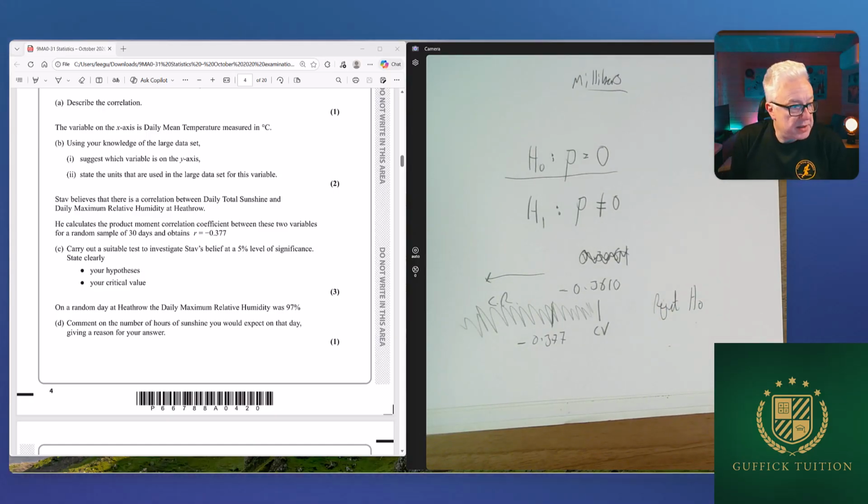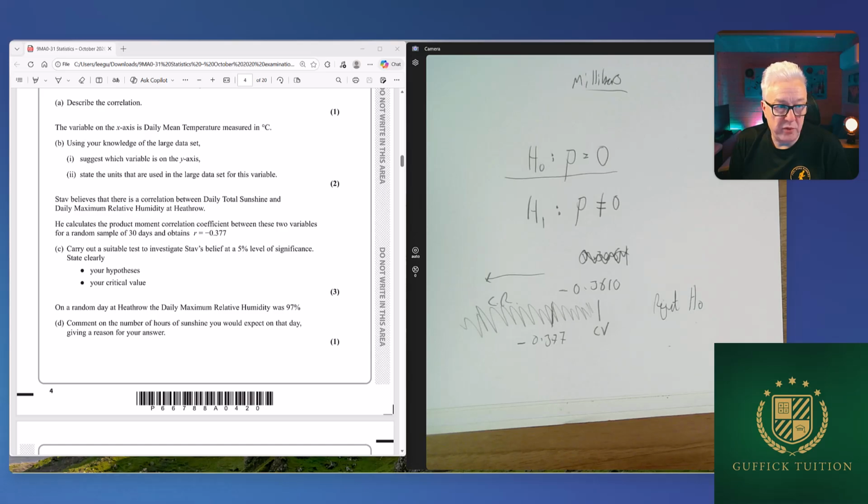Okay, now what's next? Let's see what's happening next. It doesn't look too bad, 1 mark. It says, on a random day at Heathrow, the daily maximum relative humidity was 97%. Comment on the number of hours of sunshine that you would expect on that day, giving a reason for your answer. So if we've got very high humidity, and we've got evidence of a correlation of r being less than 0, we'd expect the amount of sunshine to be lower than the average for Heathrow.